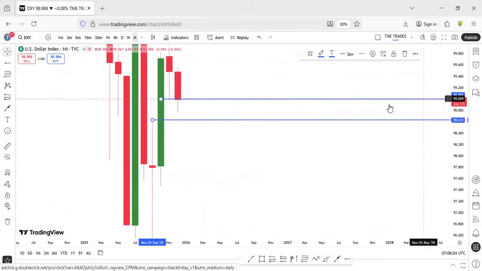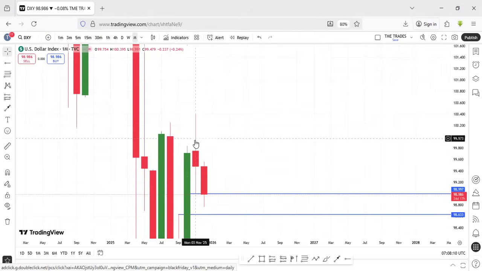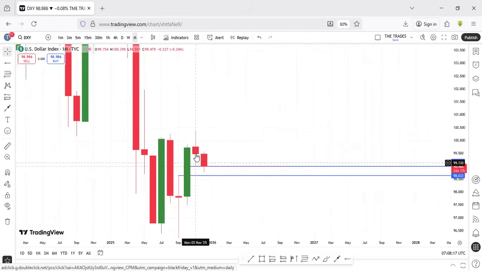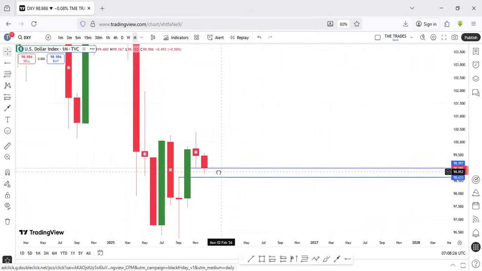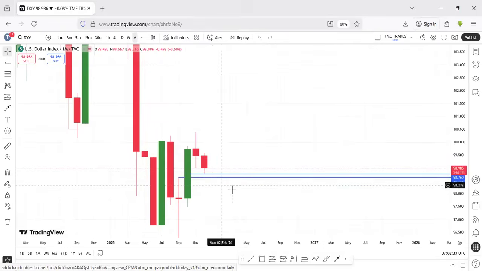Why? Because whenever we have a gap like this, and the previous monthly, weekly or daily candle closed as a bearish candle like this, markets will always come and close the wick below before more continuation to the upside, and that's exactly what the market is doing. But currently we still have some little gap left to be covered, which can still open the door for more down continuation before more movement to the upside.